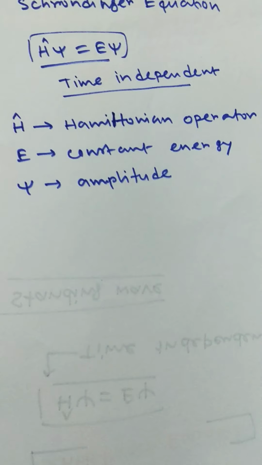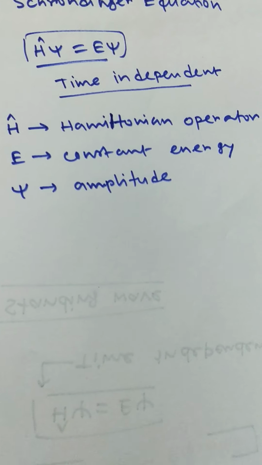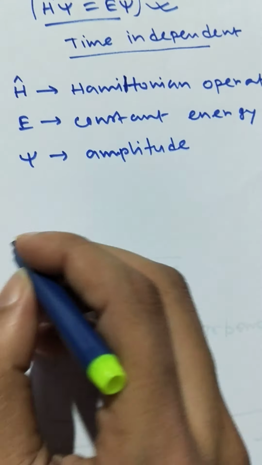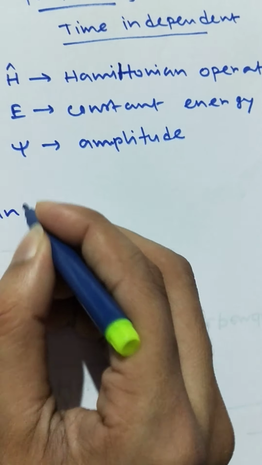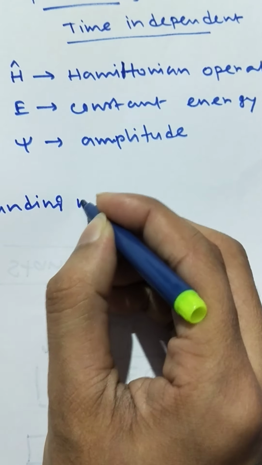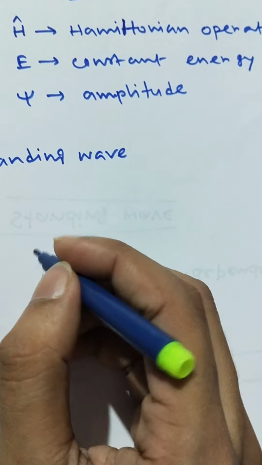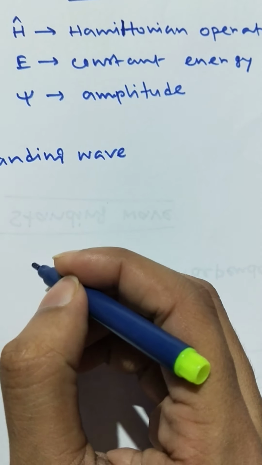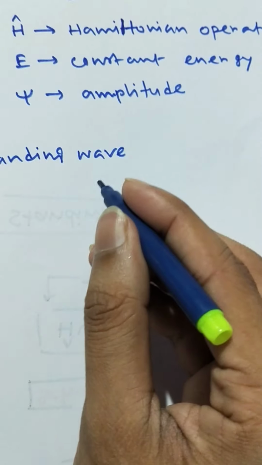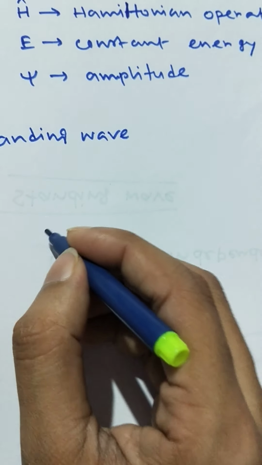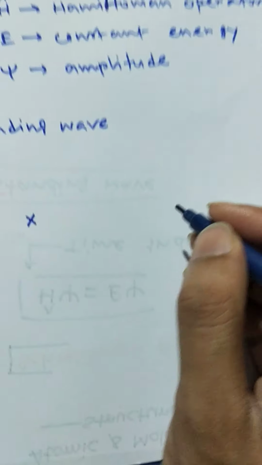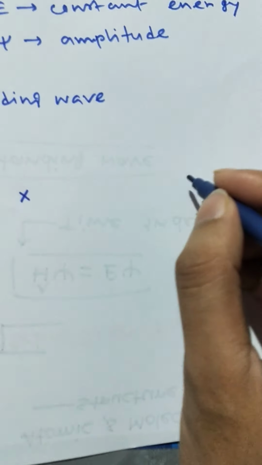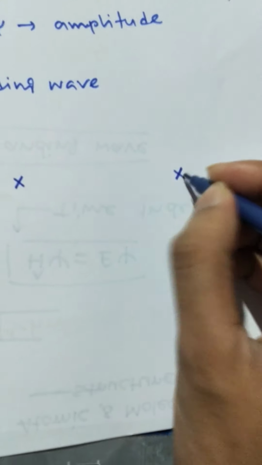Now I discuss the derivation of this equation. First we talk about standing wave. A standing wave happens between two fixed points. This is a point and this is another point.